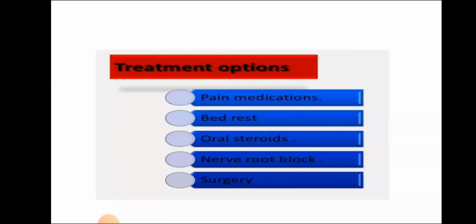The predisposing factors we have seen, and the commonest site is the lower thoracic region, and the types we have seen: paradiscal, central, anterior, and posterior.